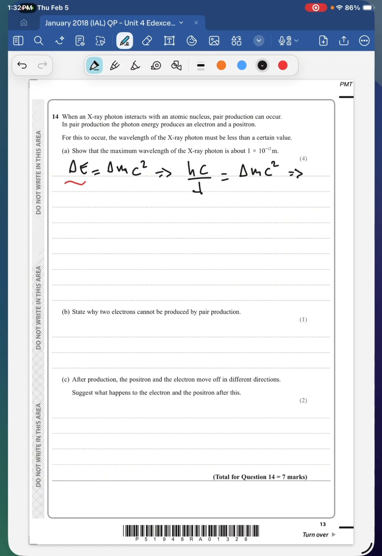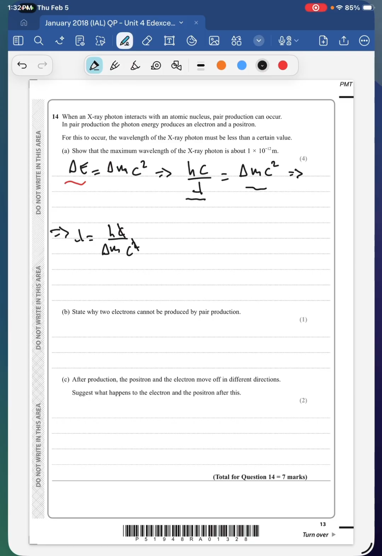So let's solve for lambda. This means that the energy of the photon will turn into the mass of the two particles. So lambda should be equal to h times c over delta m c squared.